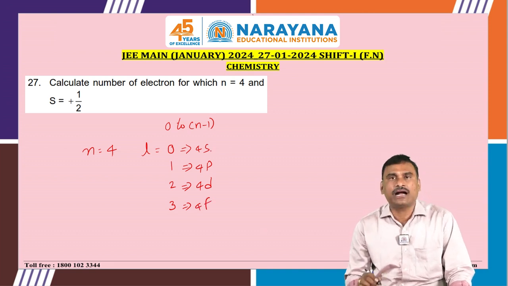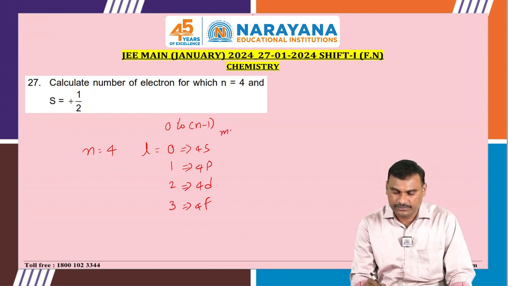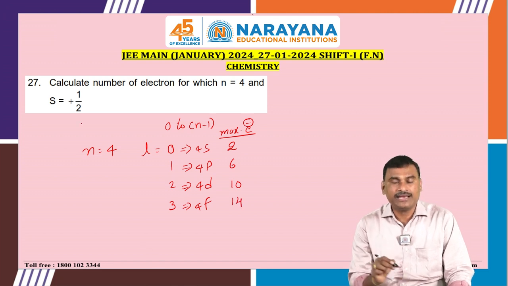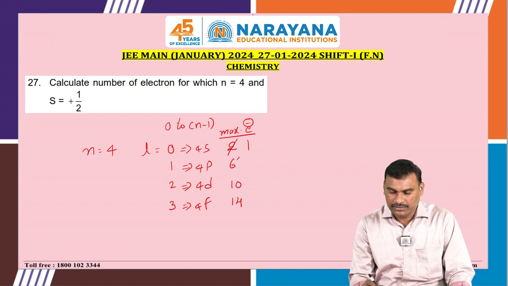The s can accommodate a maximum of 2 electrons, p 6, d 10 and f 14. But the given option is only asking s equal to plus half, that means clockwise spin, that is 1, 3, 5, 7.